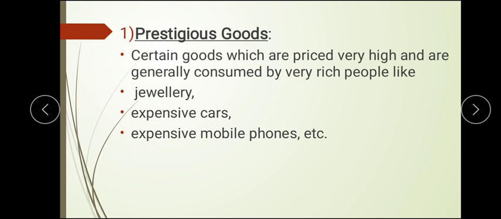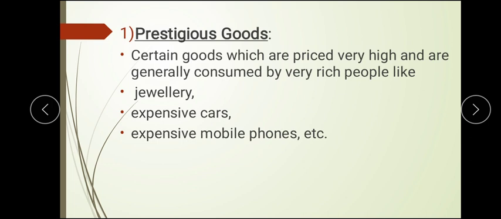And here, what is happening is, if the price of that particular good falls, the luxurious people will not buy. So here the opposite, the exception to the law of demand, works: if the price falls, the demand falls. If the price rises, the luxurious people will try to purchase more and more, and demand increases in the luxurious colony.